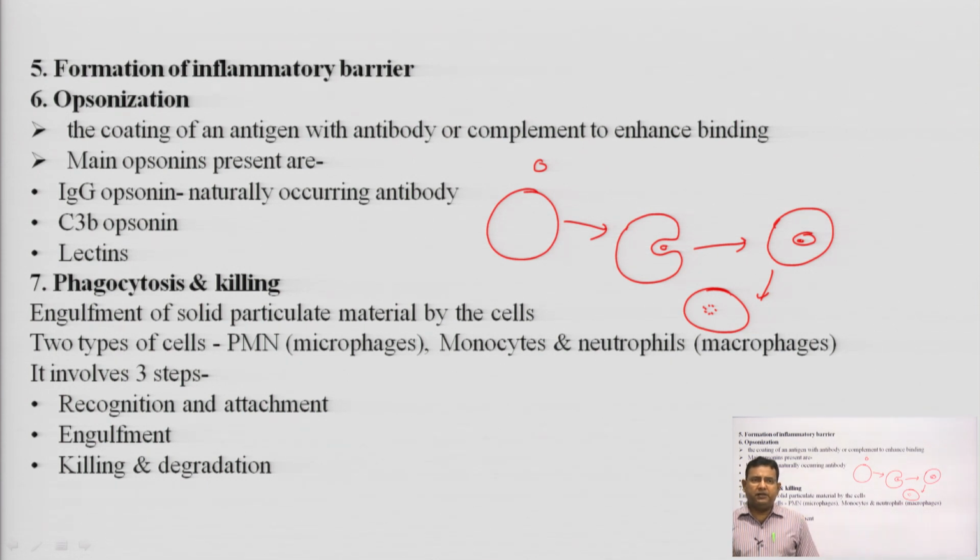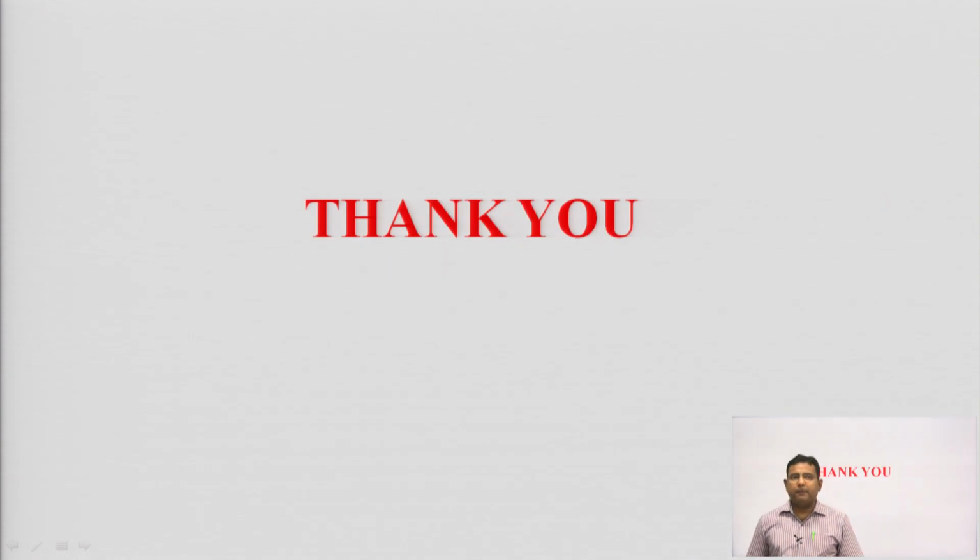It involves three steps: recognition and attachment, engulfment, and killing and degradation. So, this is the recognition, the cell will recognize that some antigen is there, then the second, that is engulfment, it has been engulfed here, and then it will be degraded, it will kill and degrade the substance. Thank you.